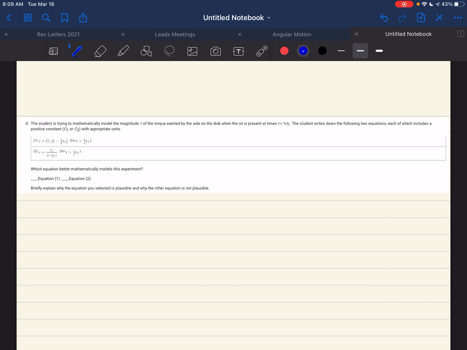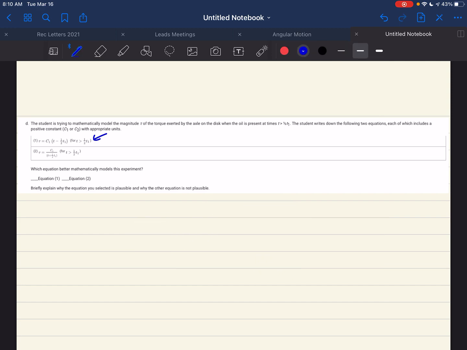For example, if we look at this first one, this is kind of a line equation, and it would start out negative, and then it would hit 0 at 1/2 T1. If we plug in 1/2 T1 there, that's when we get 0.